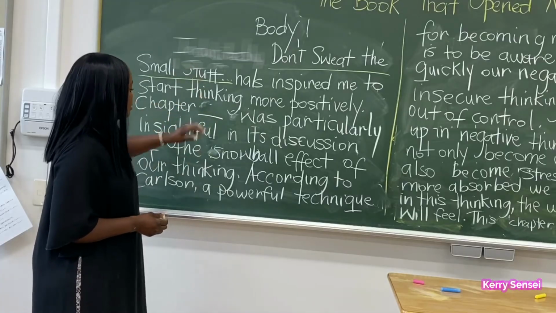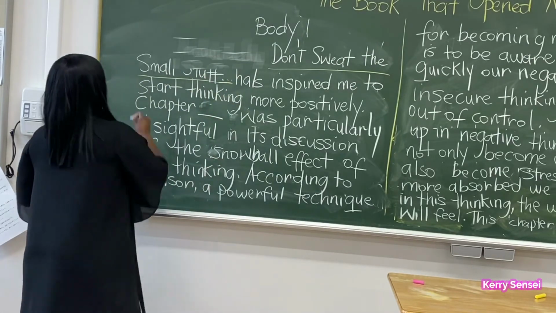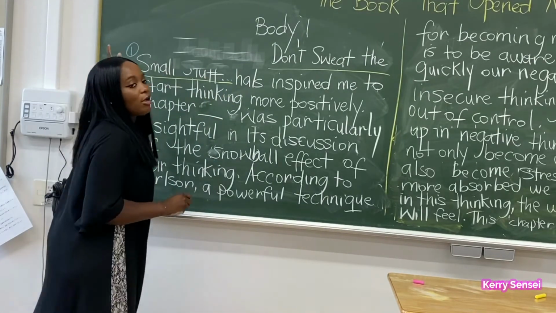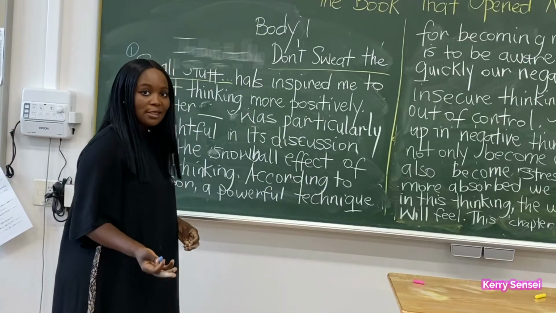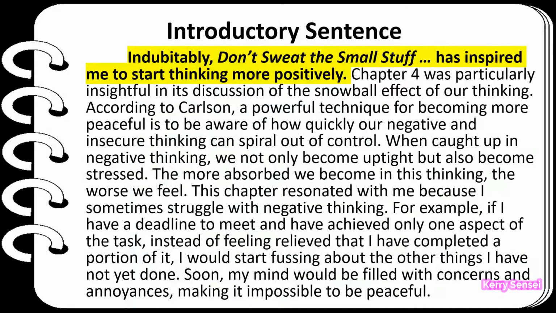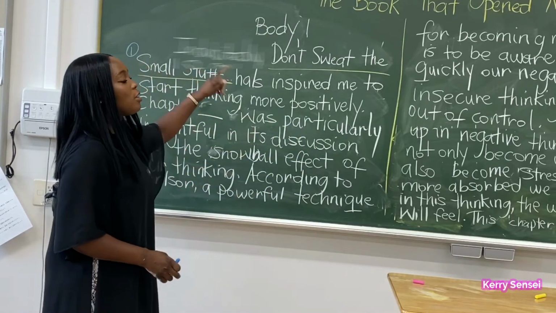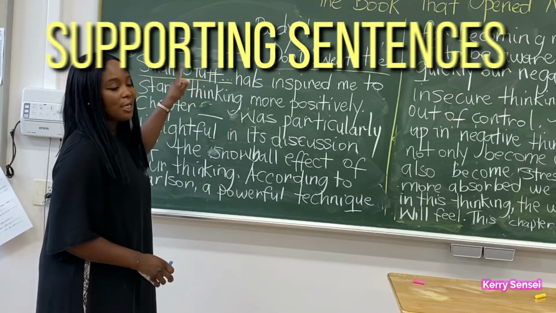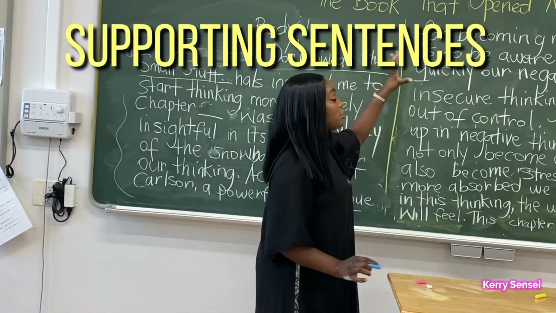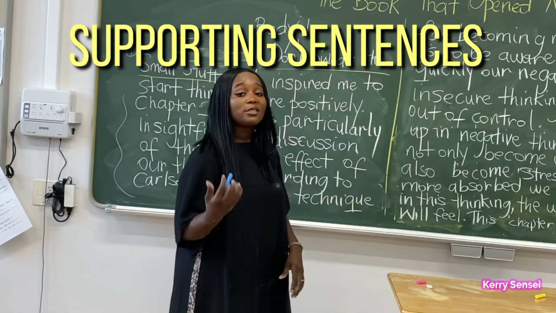As you can see, I started this paragraph with an introductory sentence that connects to my thesis. Therefore, I introduced what the paragraph would be discussing. And all the other sentences in this paragraph connect to that sentence. So I then proceeded to talk about the importance of positive thinking.